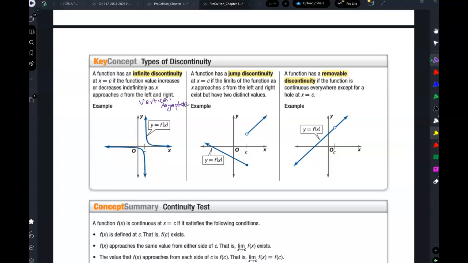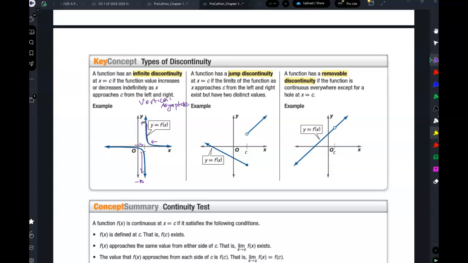An infinite discontinuity is where there is a vertical asymptote because as x approaches c, do you see how from the left-hand side, the graph approaches negative infinity? From the right-hand side, the graph approaches positive infinity.